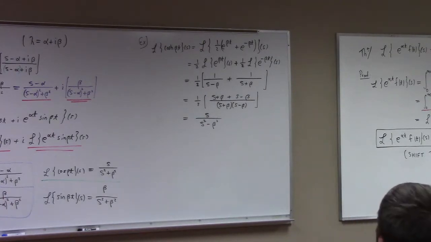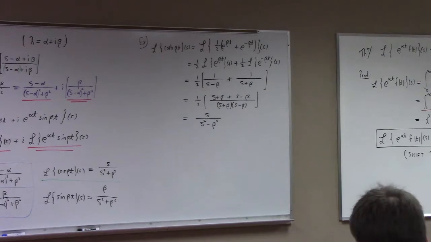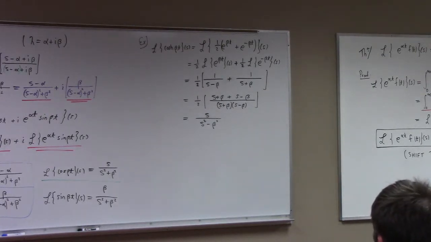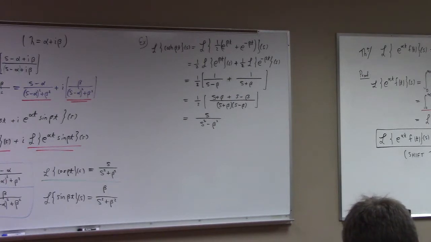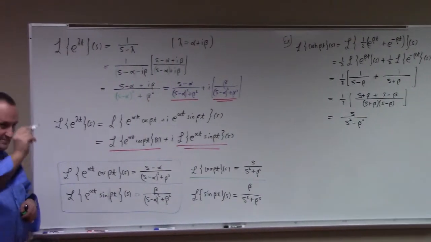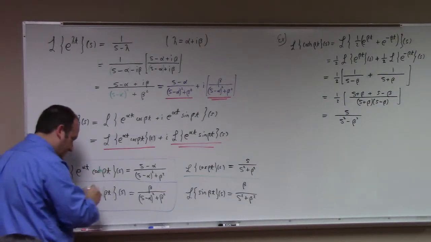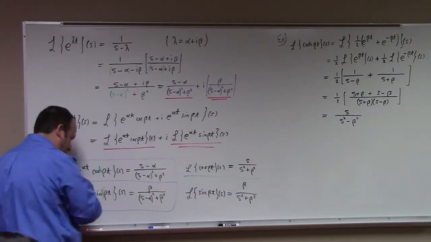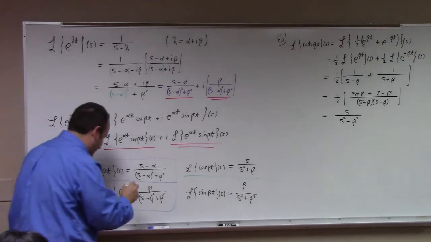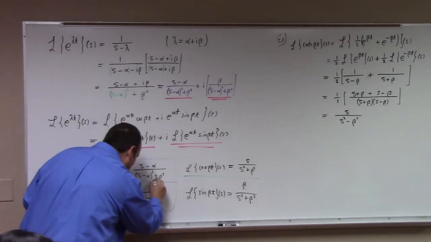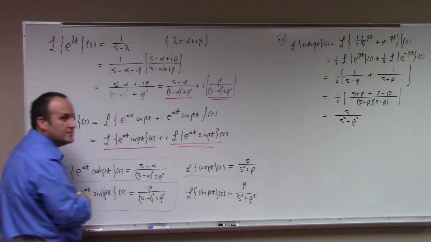In fact, if you want me to, I could color code in the formulas for cosh and sinh over here. You guys ready? Just like I planned it. That's a lie. Minus, minus.